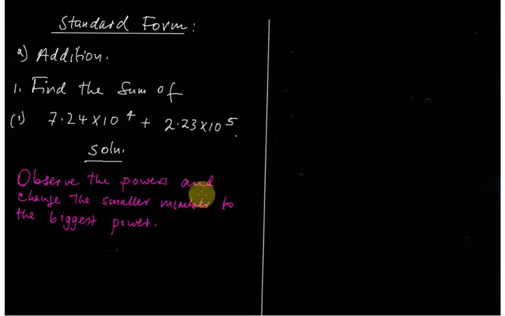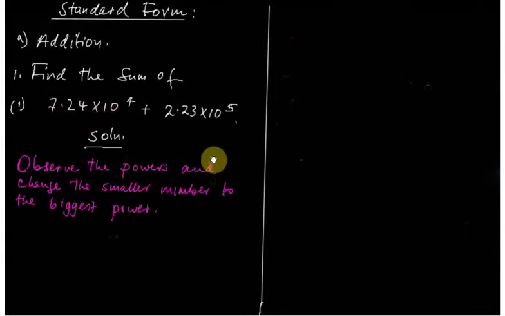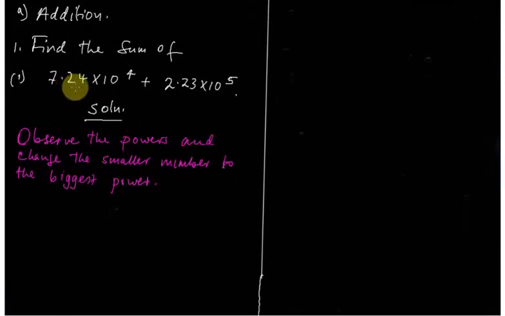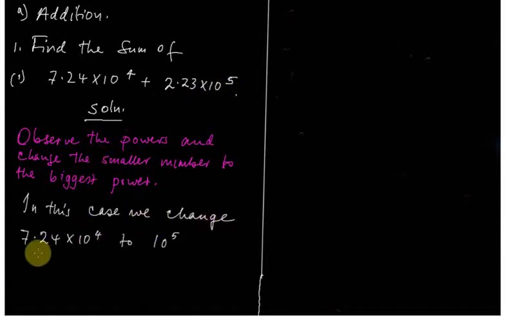So observe the powers and change the smaller number to the bigger power. In this case this is the smaller number, so we are going to change it into a bigger power. Change 7.24 into power 5. So 7.24 times 10 to the 4 is the same as 0.72 times 10 to the 5.